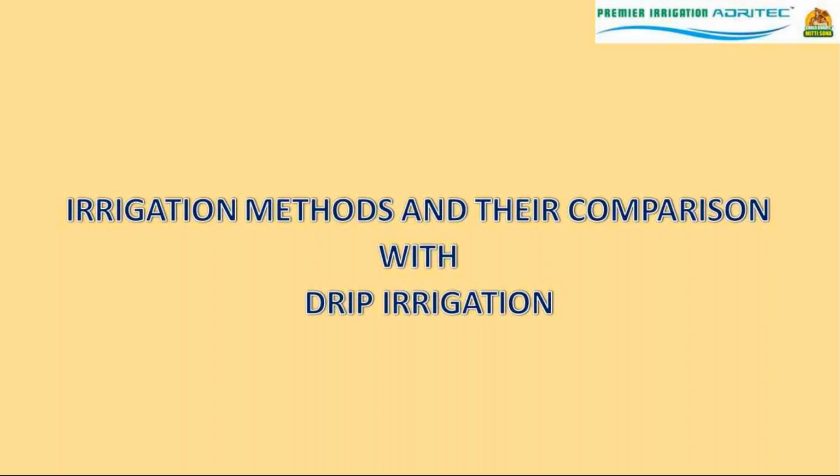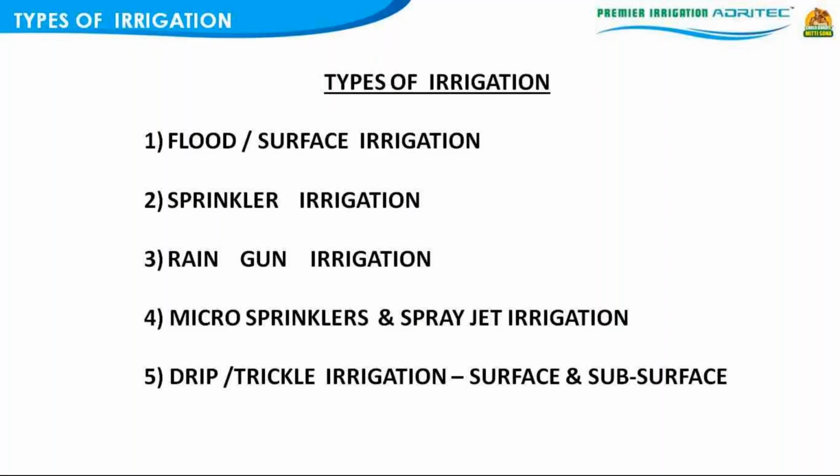Now, getting into the next part, let us see what the various irrigation methods are and why we should adopt micro or drip irrigation. There are many types of irrigation, but I am going to cover the main 5 which are very popular across the globe. Of course, I have left out pivot irrigation because it is not relevant to India as of now, except in a few places.